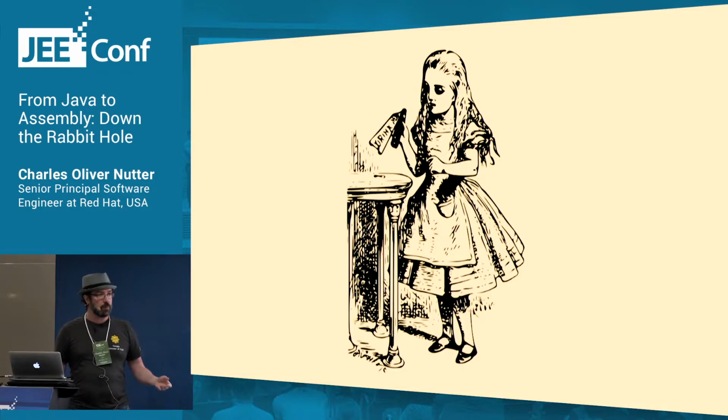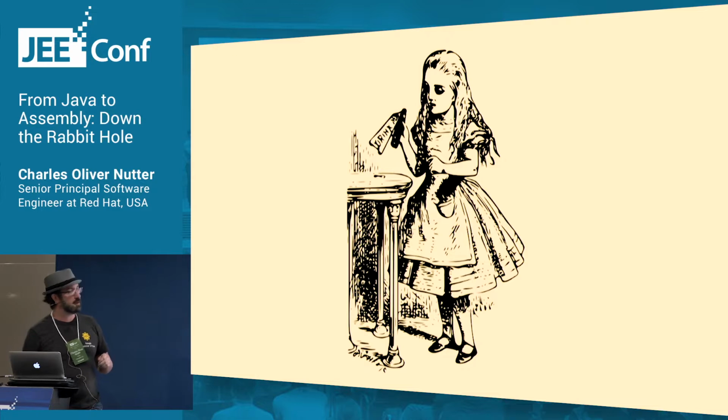So today, we are going to drink the unusual JVM fluid that we have found and shrink down into the JVM and see if we can explore a bit more what's happening at the JVM level and understand why our application works, and more importantly, why sometimes it doesn't work the way we want it to.